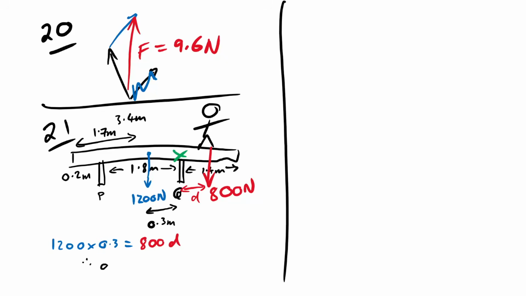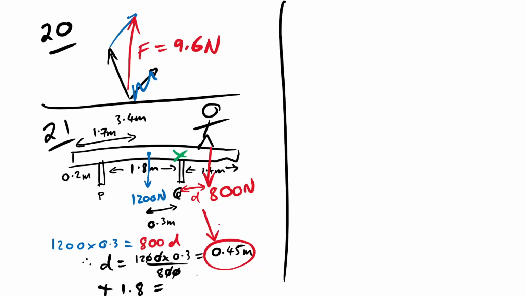So the distance ends up being 1,200 times 0.3 divided by 800. Of course we can cancel some zeros. So this ends up being 0.45 meters. That's our distance there. So we just add on then our 1.8 meters and we end up with 2.25 meters. So our answer is B. It's a lot of work for a 1 marker. Blummin' heck.